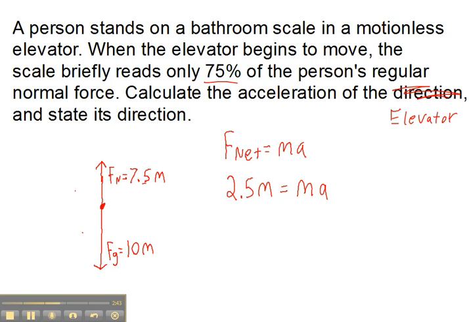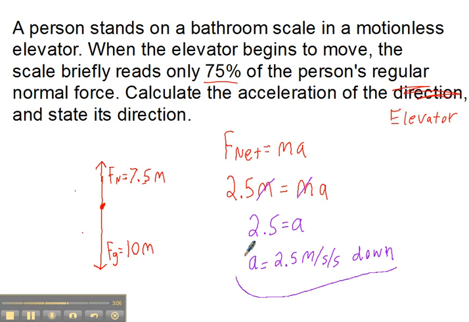They didn't tell you the person's mass here because it didn't matter. If we divide both sides by m, then we just get 2.5 equals a. And that's in the downward direction. So a equals, you could either write minus 2.5, or you can just simply state the direction at the end. Because remember, a negative is only a direction anyway.